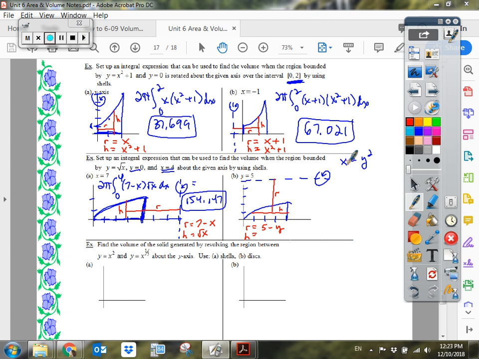So the farthest right over here is actually just a line at 4. Big is 4, minus little, little is y squared. So big minus little would be 4 minus y squared. That's my height.